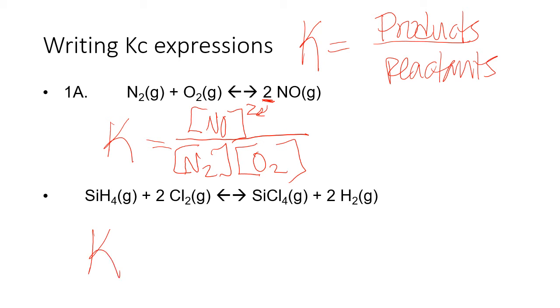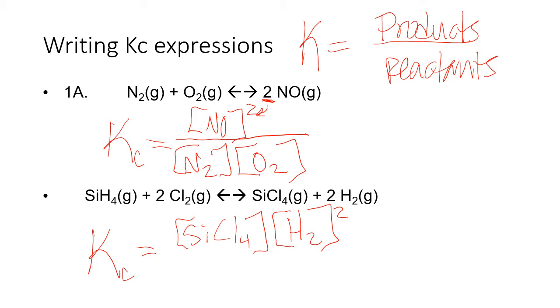So let's do that again for this one down here. I've got Kc, K for concentration, is equal to products over reactants. So I've got my SiCl4, and again, there's no exponent, times my hydrogen gas, and I'm going to square that.